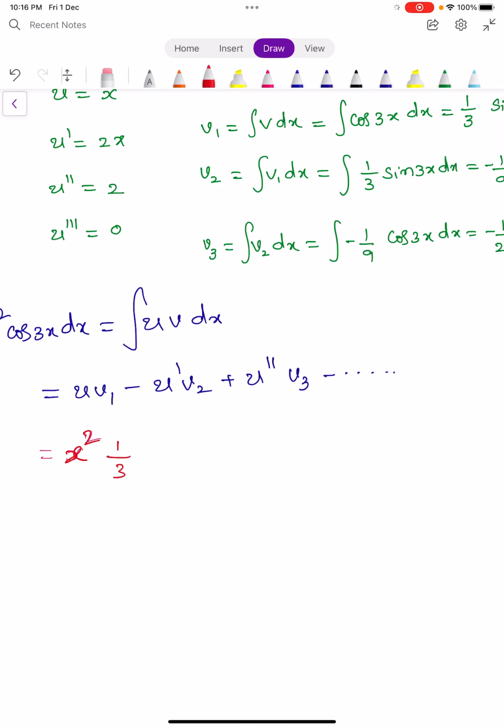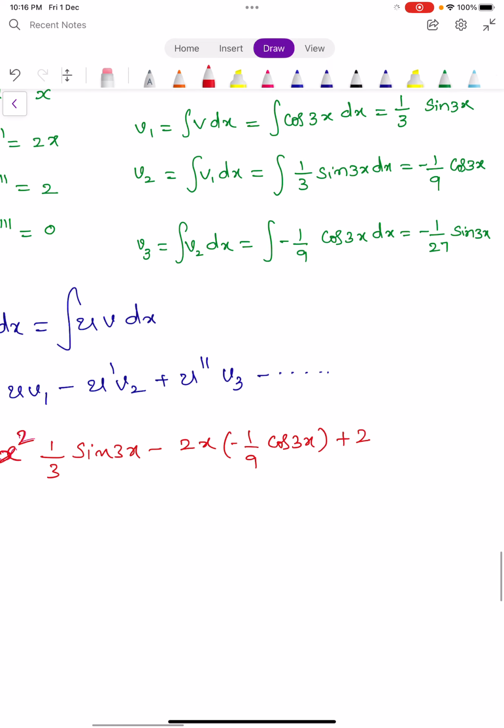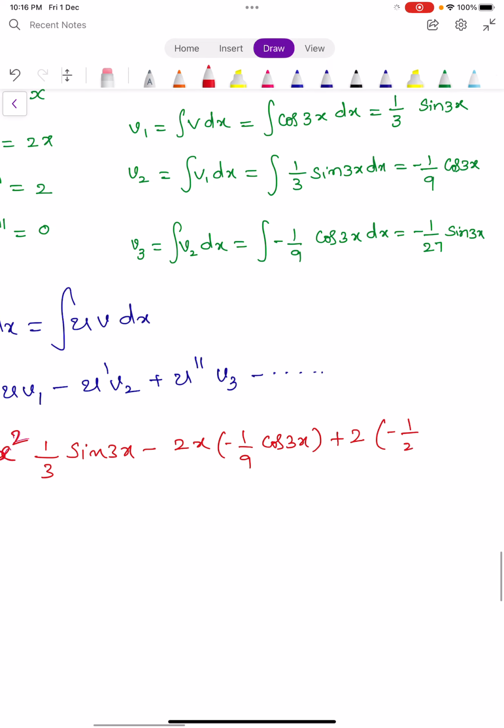1 by 3 sine 3x, minus u dash, 2x. What is v2? Minus 1 by 9 cos 3x. u double dash, in the formula we have plus 2. v3 is minus 1 by 27 sine 3x.